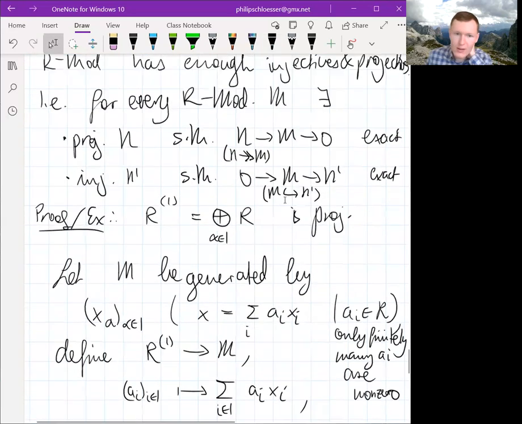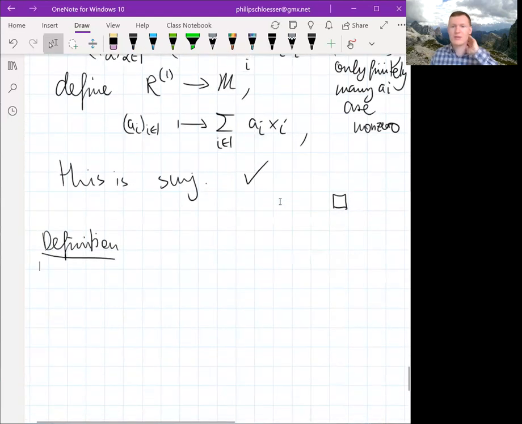Okay, now what we want to work towards is the notion of the derivative of a functor. For that, we first need to generally look at how functors behave with respect to exact sequences.